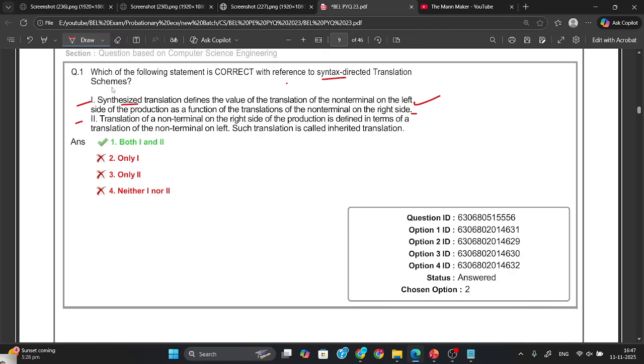This definition is correct. Translation of a non-terminal on the right side of the production is defined in terms of a translation of the non-terminal on the left side. Such translation is called inherited translation. So this is also correct, so both statements are correct.